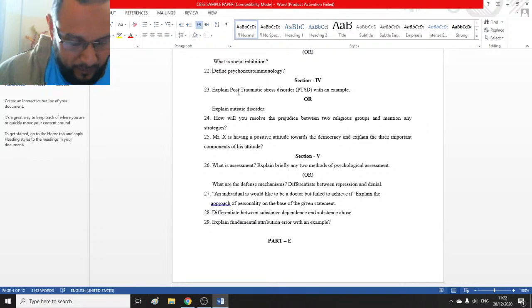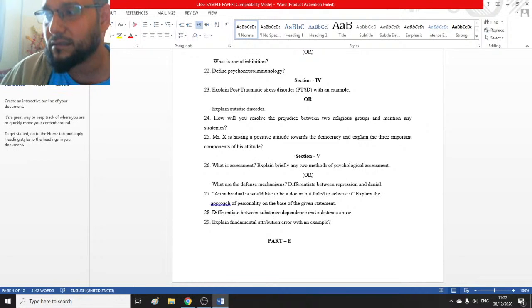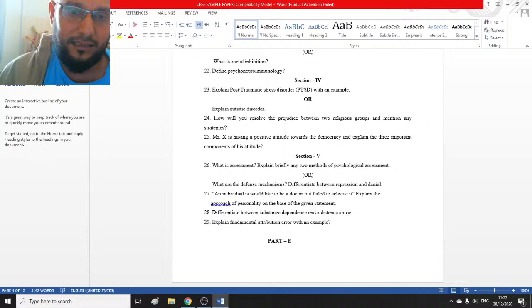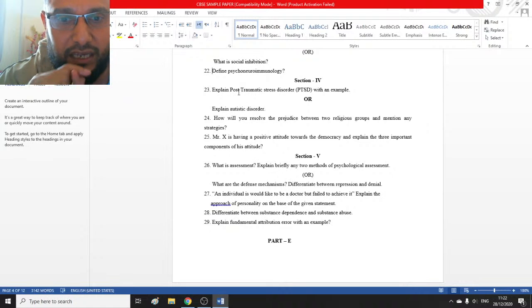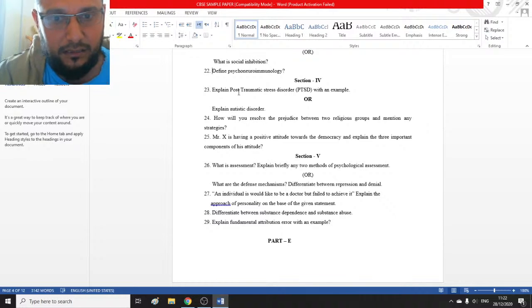Explain autism. You know, autism is a neurodevelopmental disorder. An individual suffering with autism will have difficulties in social interaction and communication skills. Basically, they are not able to interact and they are not able to communicate. Second area, these people have a restricted range of interest, meaning limited interest.